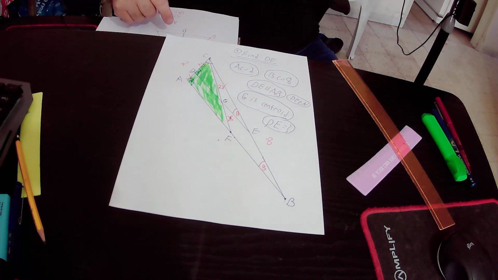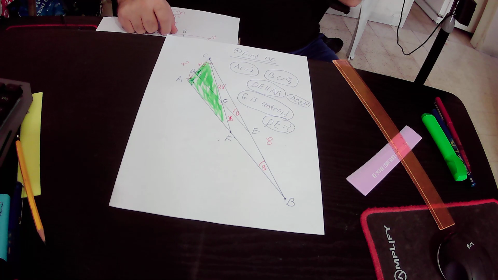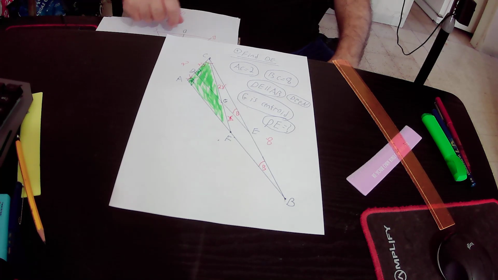And we also know that G is the centroid of triangle ABC. So what is the centroid? The centroid is a point where the three medians of a triangle intersect each other.